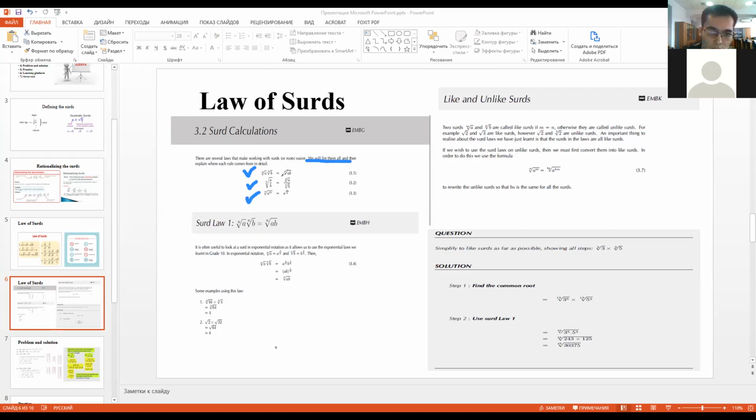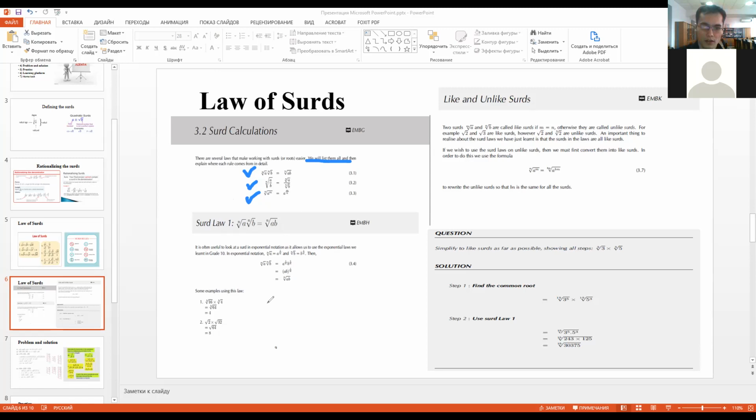Three rules are explained. So the first one here, look at the exponent, you know, this is exponential notation. Exponential notation allows us to use the exponential laws. This rule is telling you that you can express the surds like exponents.